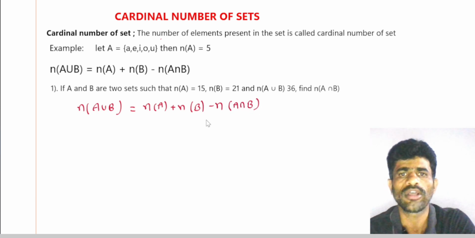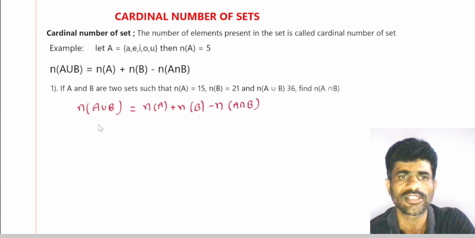In this formula, let us substitute the given values. We know n(A union B) is equal to 36. That is, here we have to write 36 is equal to, we know n(A) is 15, plus n(B) is given as 21, minus n(A intersection B).